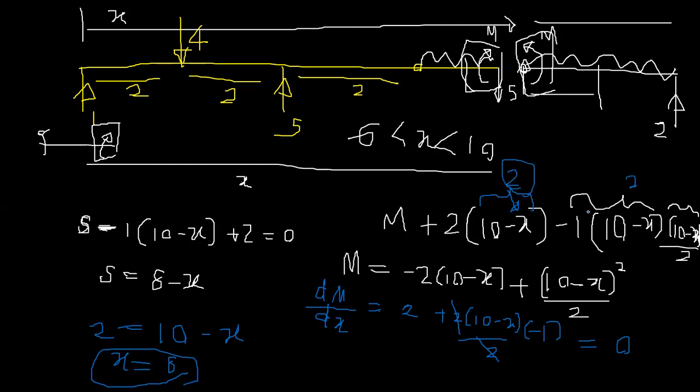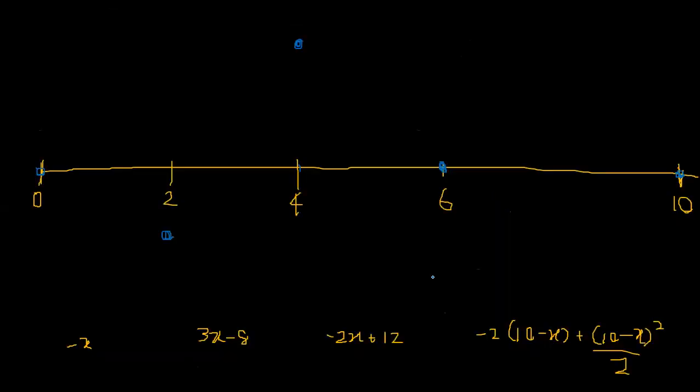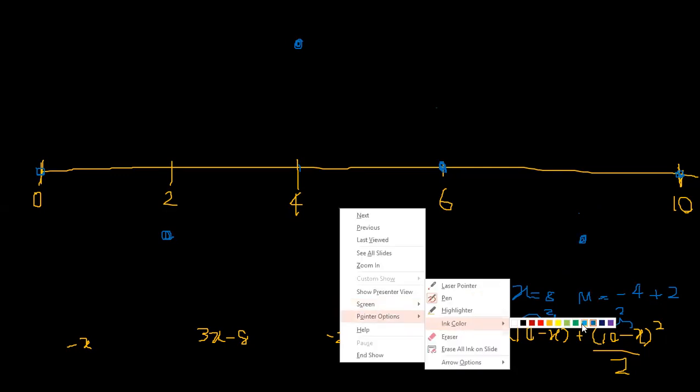This is going to be 2, so at x equals 8, M is, this is 2, this is 2, 2 squared 4, 4 over 2 is 2 plus 2 into minus 2, minus 4. So that would give you minus 2, right? x equals 8, it is minus 2. So now you can draw the shape, right?